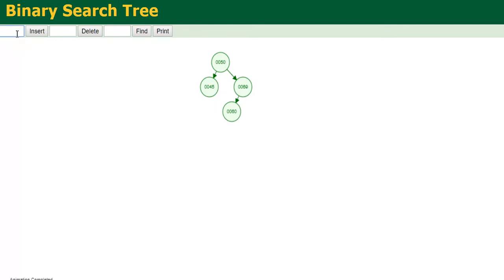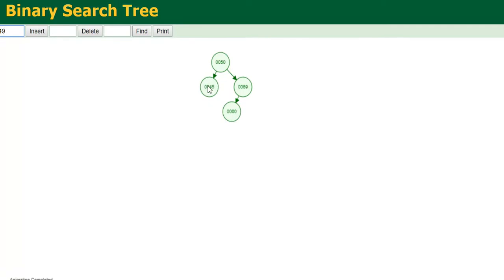If I consider the next value, 49, where does it have to be inserted? First it checks whether 49 is less than 50. Since it is less, it will go to the left subtree and check the root node there.